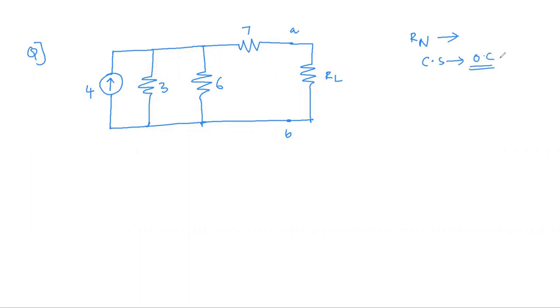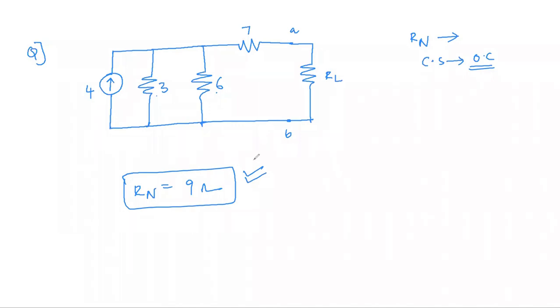Now once it is done, 3 ohms is connected in parallel with 6, so RN becomes 3 and 6 in parallel, that is 2. 2 plus 7, it is 9. Same 9 ohm you are getting. RN you got 9.